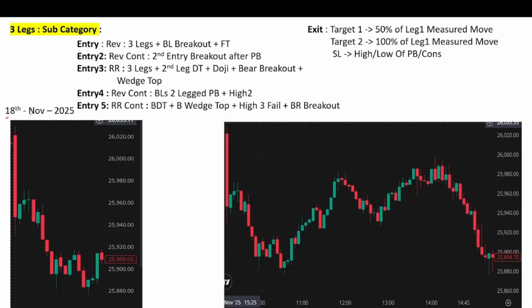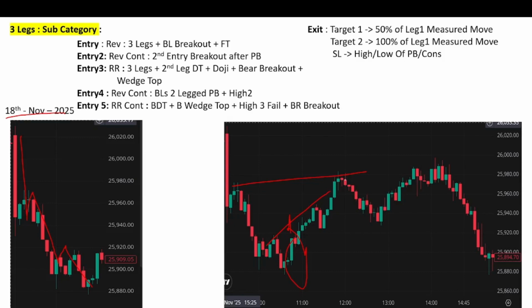So 18th November, this is the latest expiry day. Today is December 2nd. So 3 legs, leg 1, leg 2, leg 3. So you will enter here for the reversal trade, and it tested leg 2 high. So it also made 3 legs for the bulls, and it also has the wedge top.